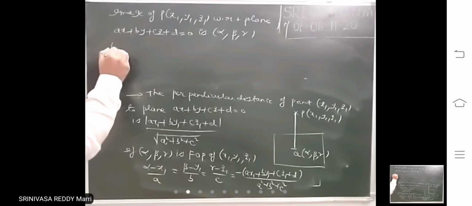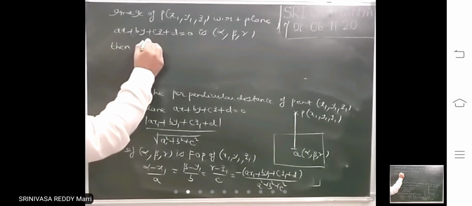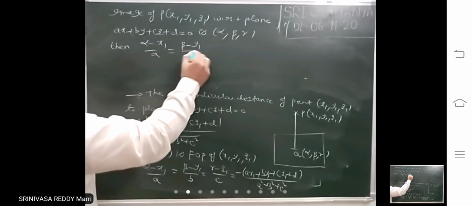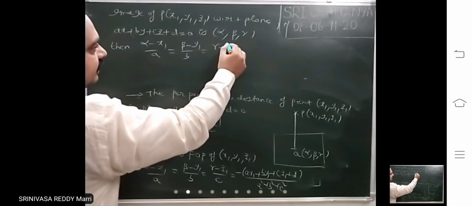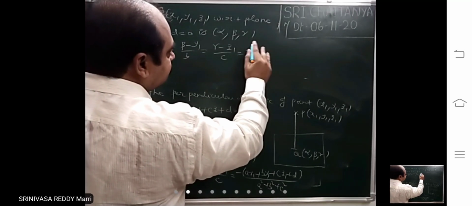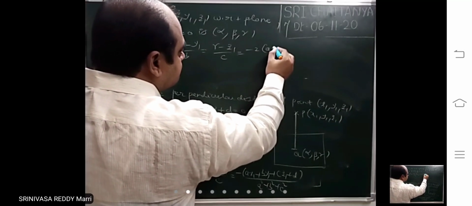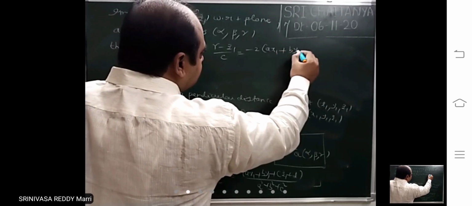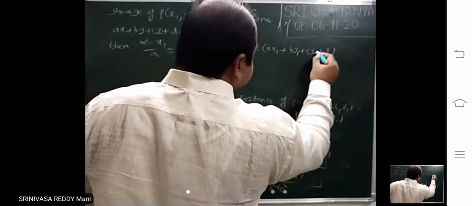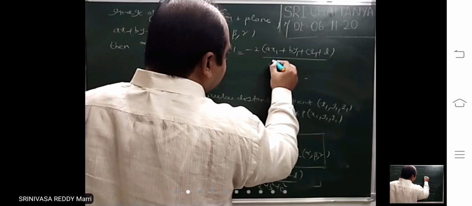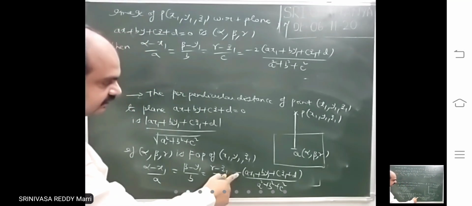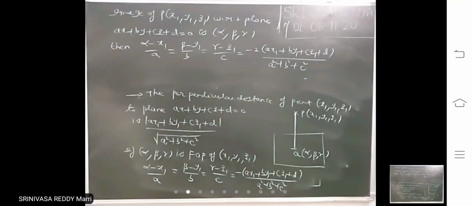Then for the image, the same formula will be there, as in straight lines: alpha minus x1 by a equals beta minus y1 by b equals gamma minus z1 divided by c equals minus 2 into (ax1 plus by1 plus cz1 plus d) divided by (a square plus b square plus c square). Just minus 2 will be there in the formula. In straight lines also a similar formula is there.